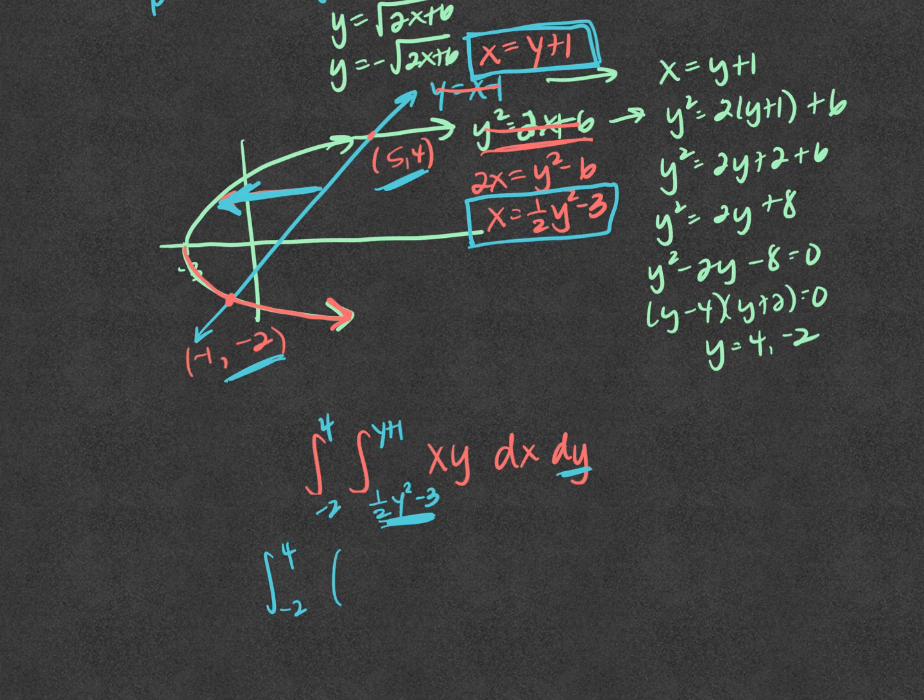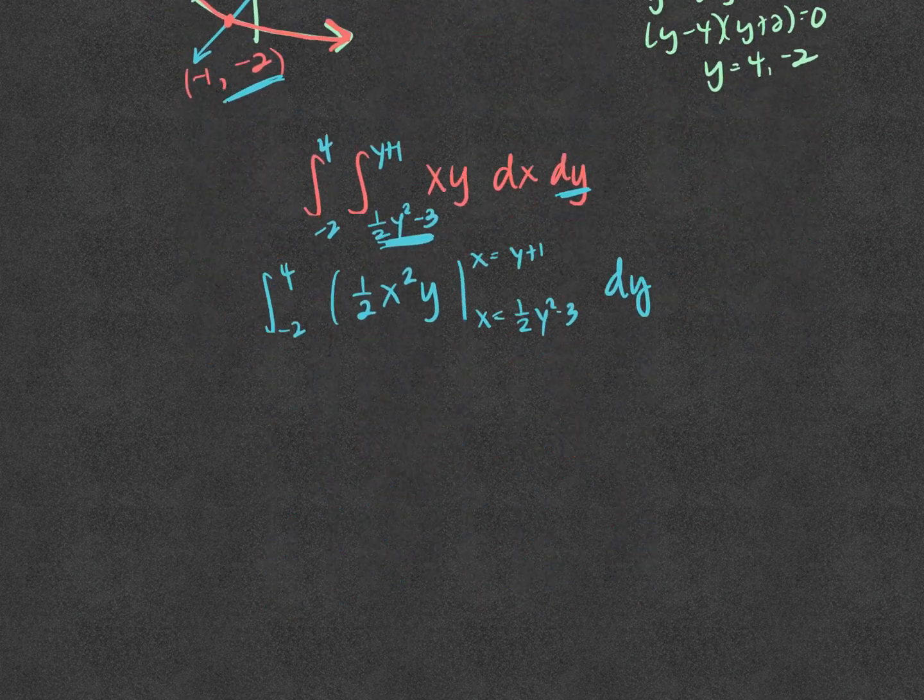Let's go ahead and integrate this in terms of x. So when we integrate x, we get 1/2 x squared and we keep the y. And I'm going to say x equals 1/2 y squared minus 3 and x equals y plus 1. And then when we finish, we're going to integrate with respect to y.